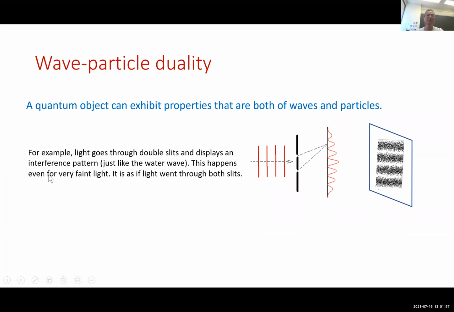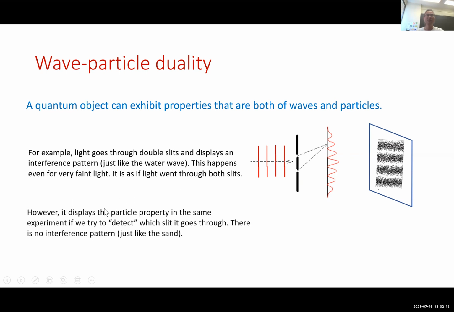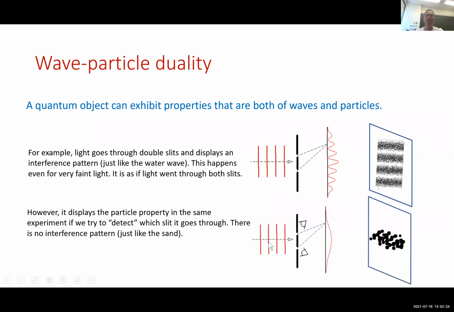This happens even for very faint light, where on average not so much light is going through, or in the language of photons, there may be just one or two photons going through at the same time. However, light can also display particle property in the same experiment. If we try to detect which slit the light goes through, using some detector, the detector will record that the light goes either here or there.